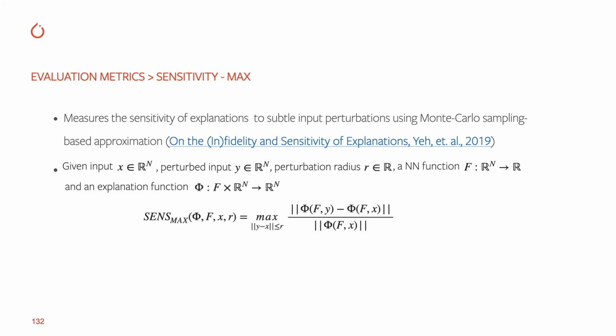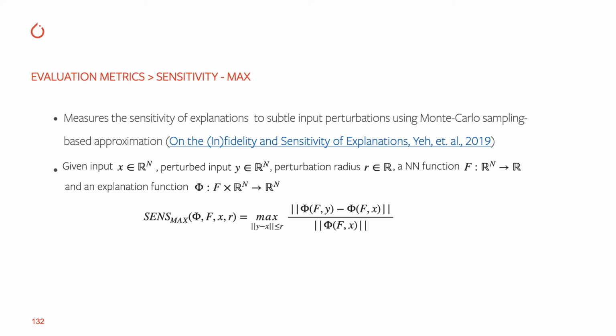Now let's talk about some quantitative evaluation metrics. Sensitivity max is one of those metrics. Sensitivity max is a metric that estimates the quality of explanations in terms of explanation sensitivity to subtle input perturbations using Monte Carlo sampling-based approximation.